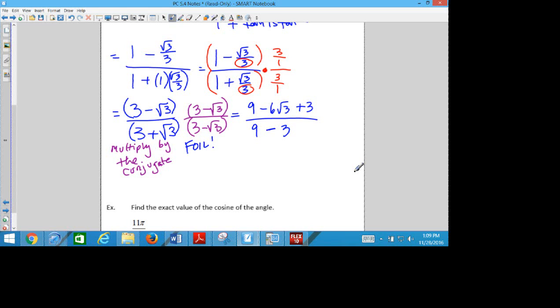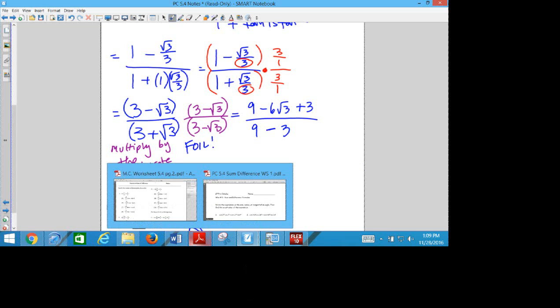So if you just wrote down my answers, how did I get those answers? Can you do it on your own? So we did FOIL on the top, we did FOIL on the bottom. When you multiply conjugates, the middle cancels out. And that's why we did that on the bottom.